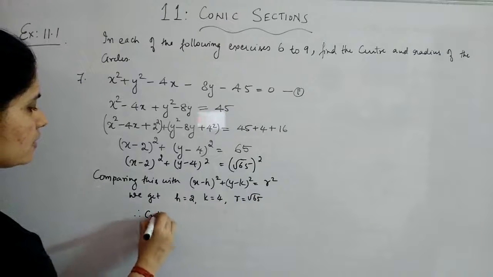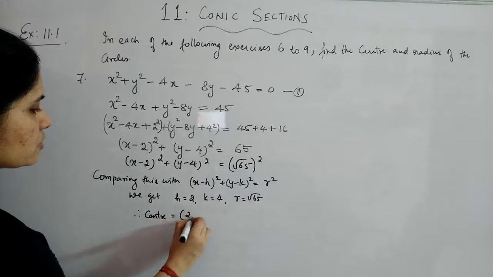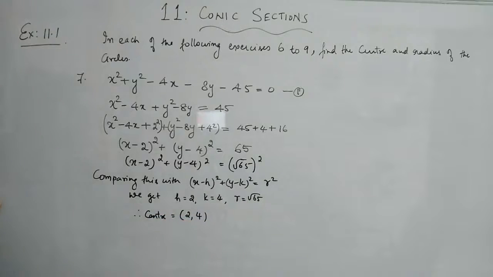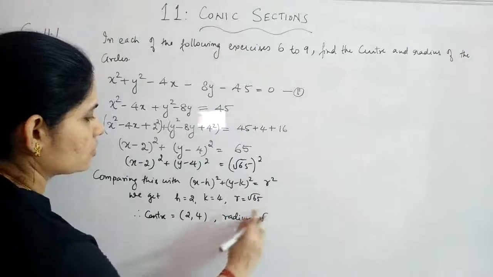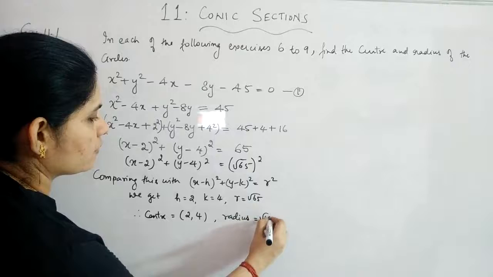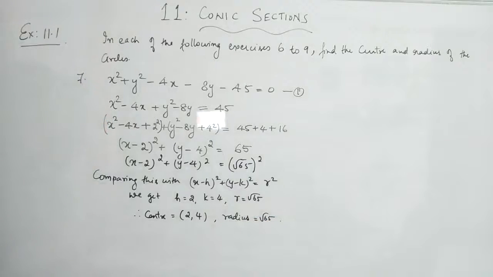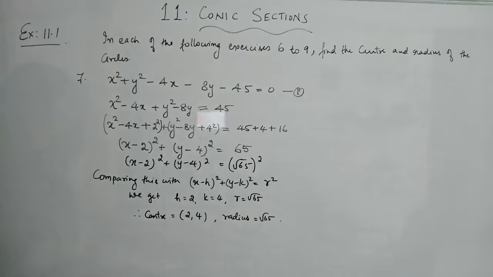Therefore, the center is 2, 4, that is h, k, and the radius is root 65. So you are getting the same thing in either of the ways. Whichever one is easy, you can just follow.